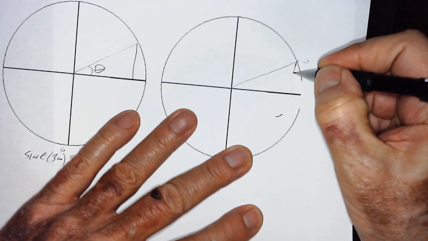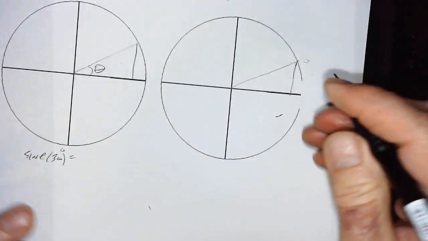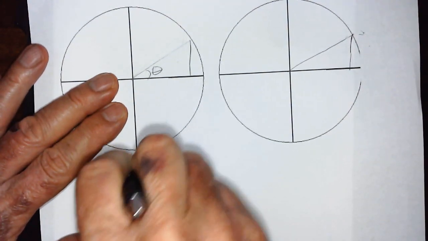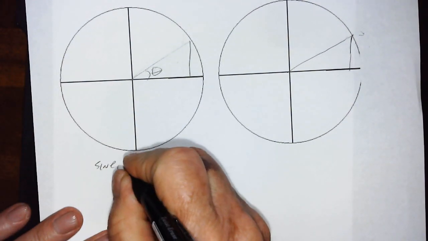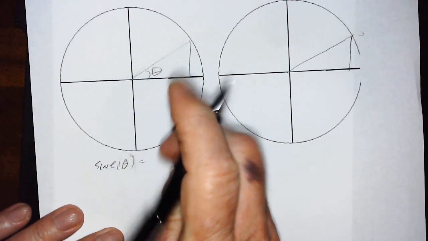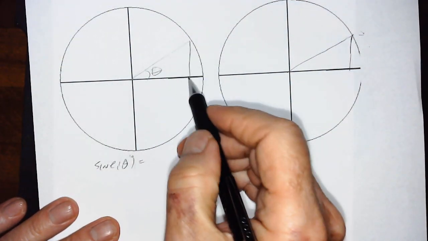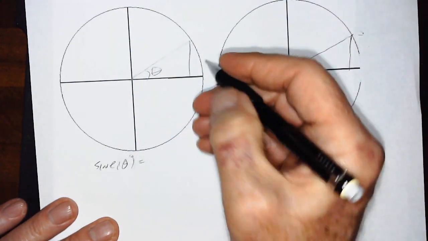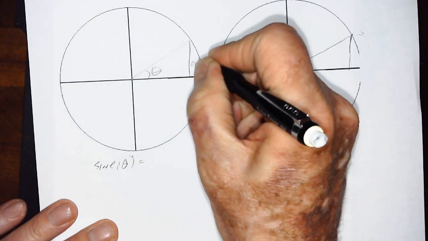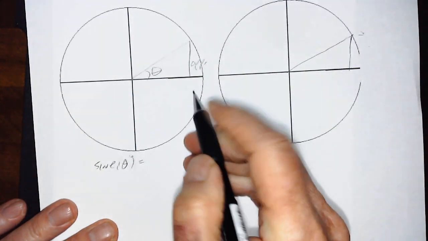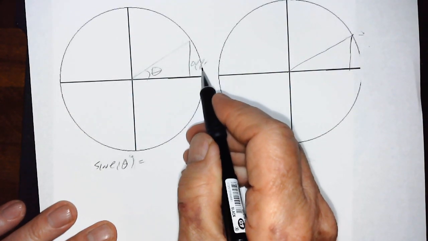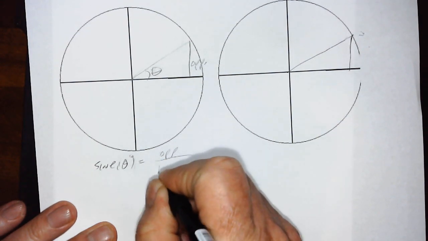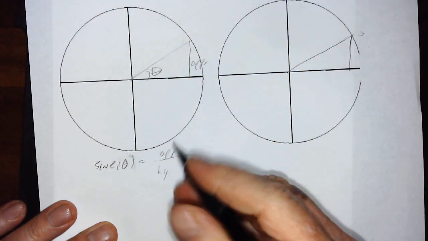But the point I'm making is the sine of theta, any angle, any acute triangle, I could have this be 45 or 60 or whatever. The opposite side, let me just put OPP for opposite. The opposite divided by the hypotenuse.